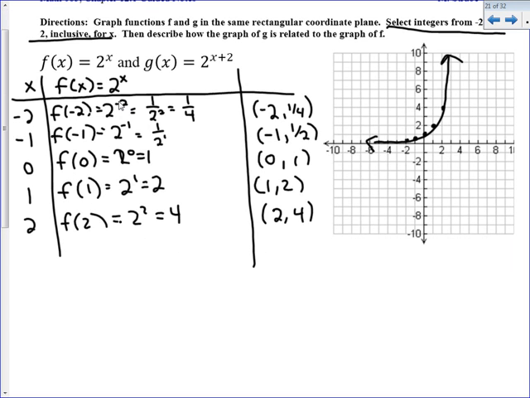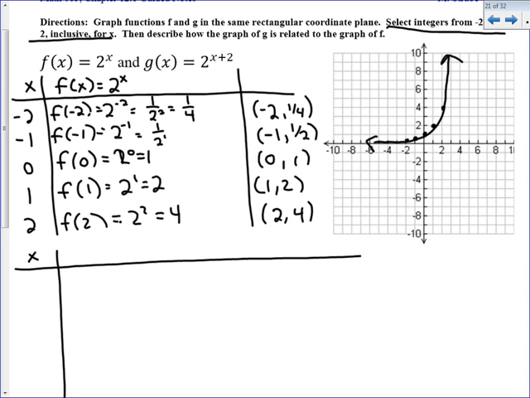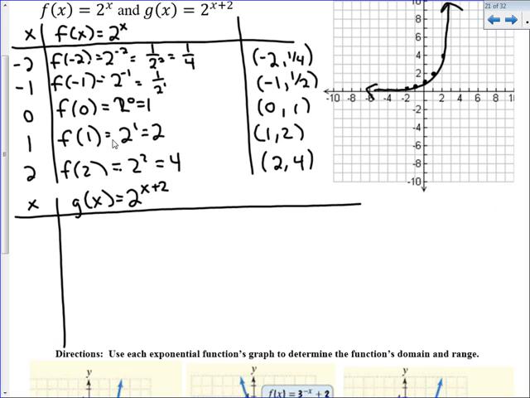And now we've got to do the same thing 5 more times for g of x. So make another table or another list. This time g of x is 2 to the x plus 2. Same 5 numbers. Substitute them in to find your y values.